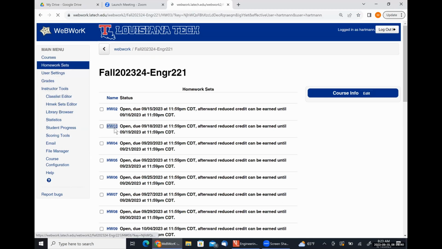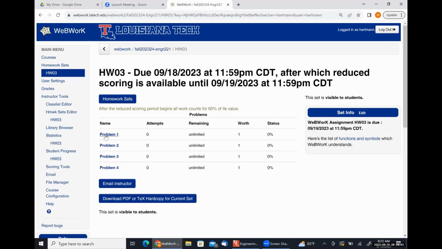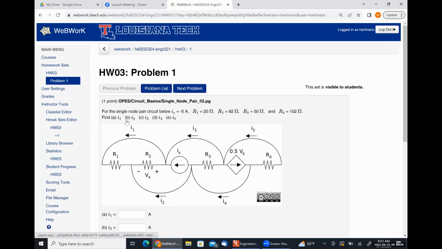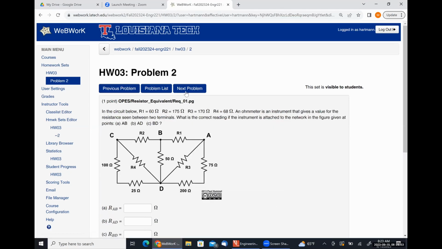Let's look at homework set number 3. Let's look at things here. This is one that you guys struggle with, but it has nothing to do with resistor combination, so we'll talk about that later probably. Let's look at this guy here.